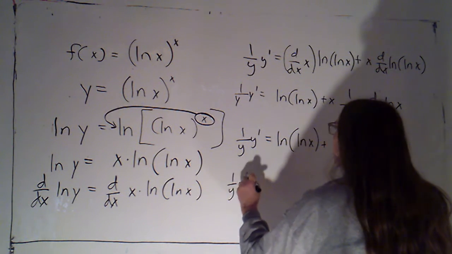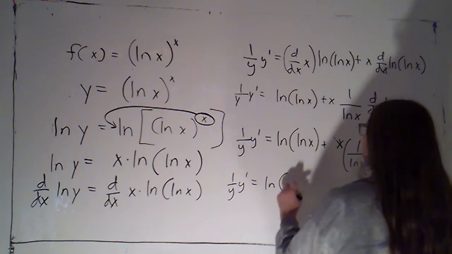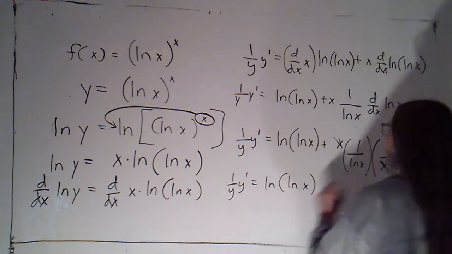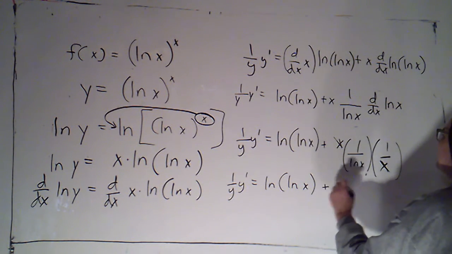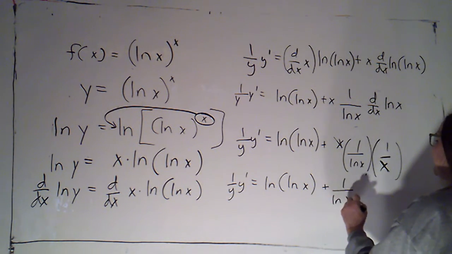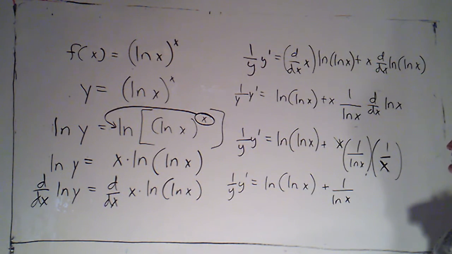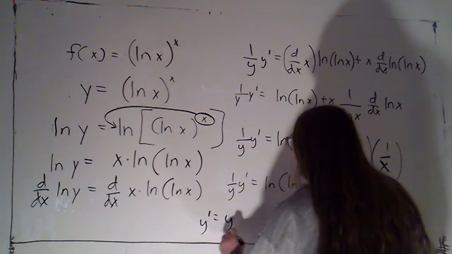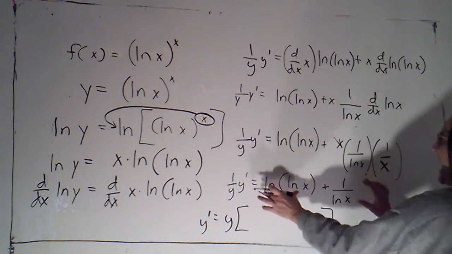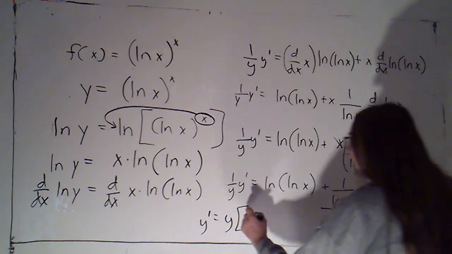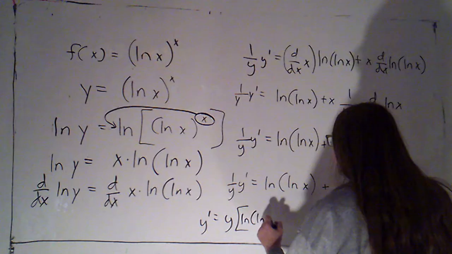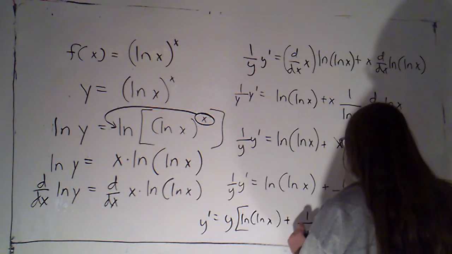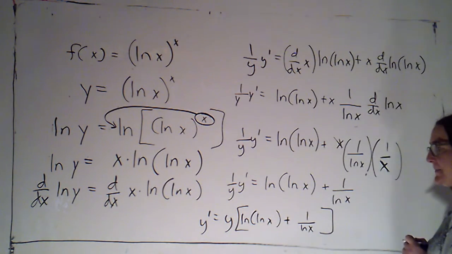So 1 over y times y prime is the natural log of the natural log of x plus 1 over the natural log of x. And then y prime is going to equal y times this quantity, the natural log of the natural log of x plus the reciprocal of the natural log of x.